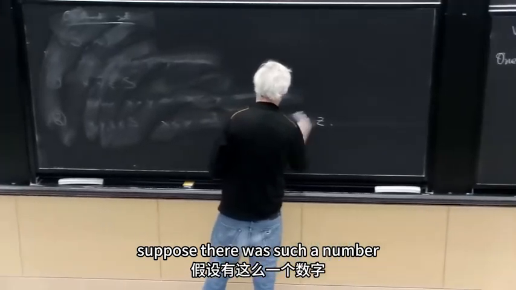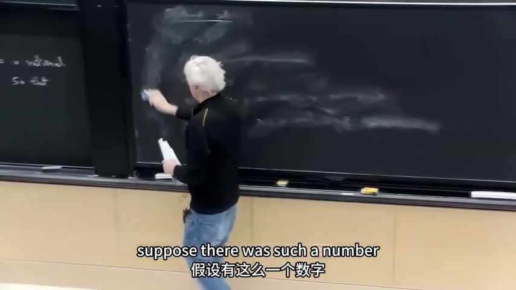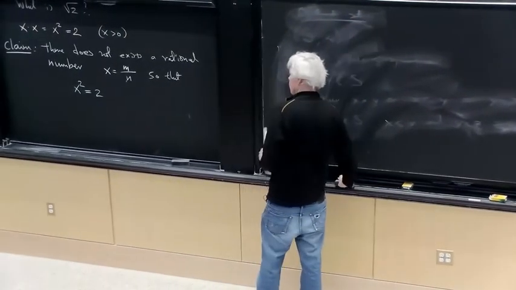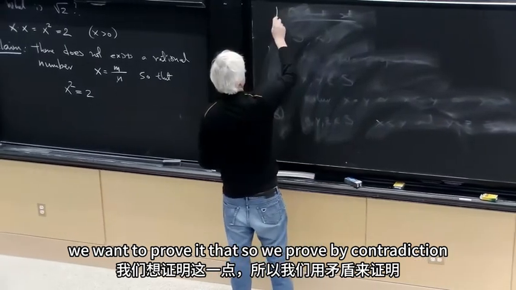So suppose there was such a number. We prove it by contradiction.